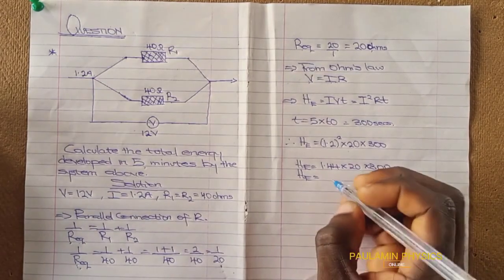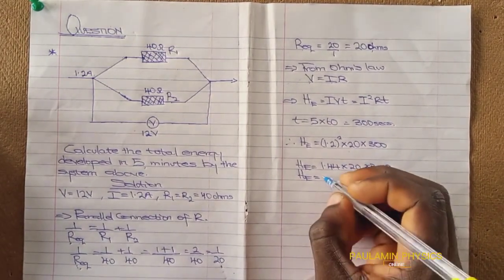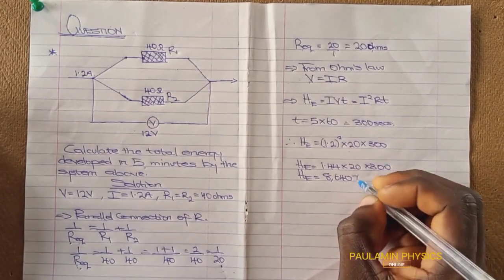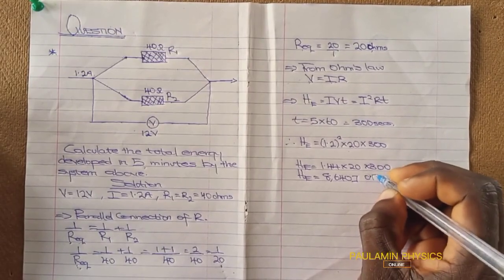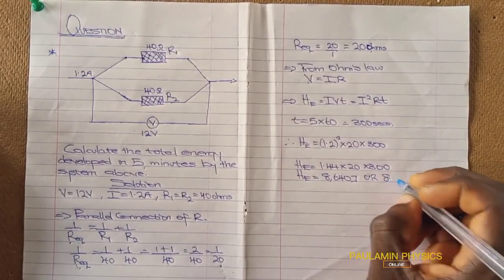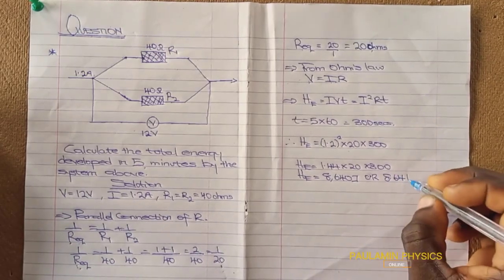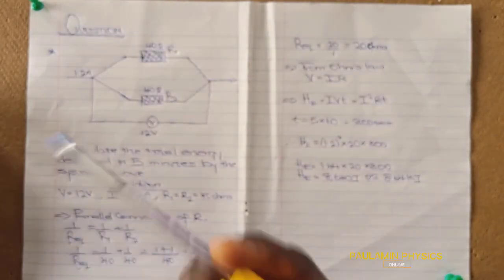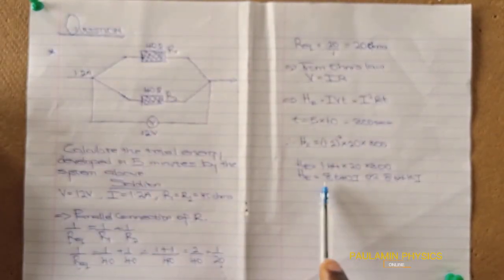At the end of the day, the electrical heat energy developed in 5 minutes gives us 8,640 joules. Or if I put this in kilojoules, it becomes 8.64 kilojoules. So in this particular system, the electrical heat energy developed in 5 minutes is 8,640 joules or 8.64 kilojoules.